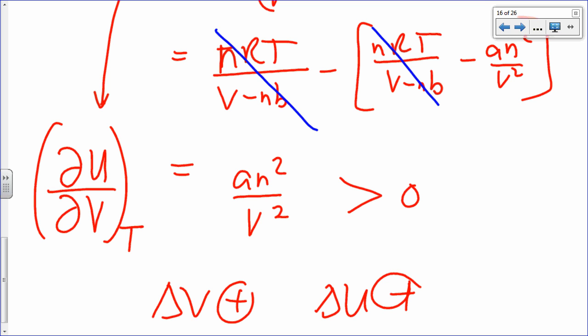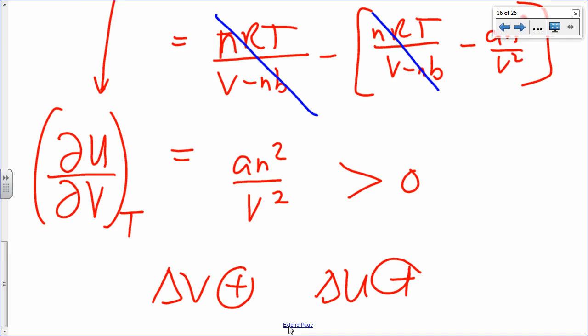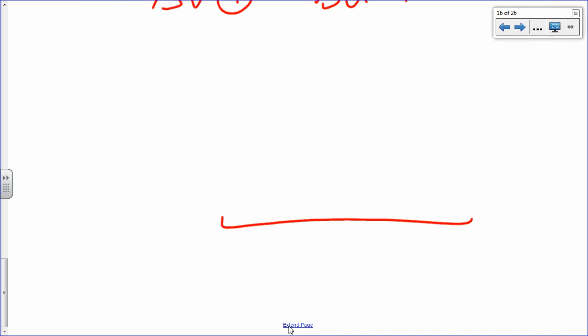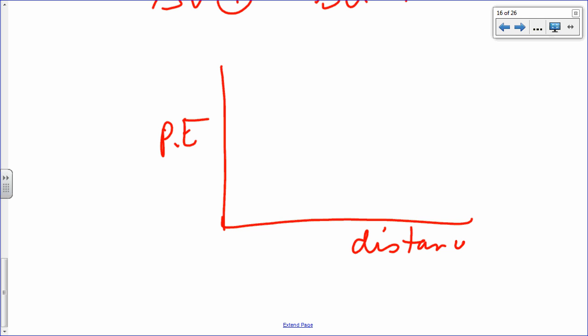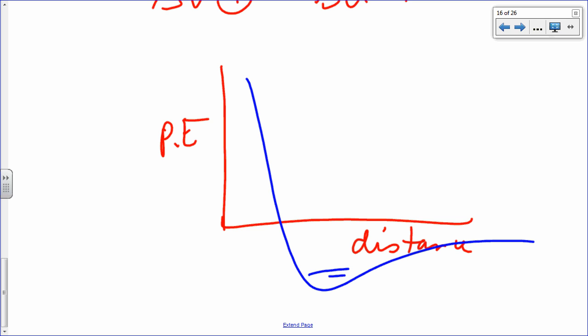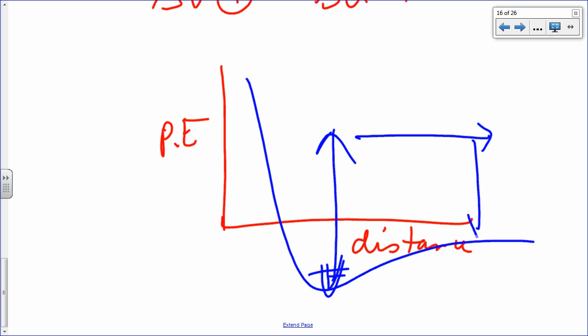Why will the temperature drop when a gas expands? Remember your potential energy diagram? The interaction potential between two atoms, potential energy versus distance. Remember that diagram? What happens when there's expansion? Let's say this is the average. Your average distance increases, right? So what happens to the kinetic energy?